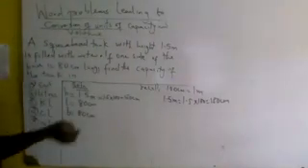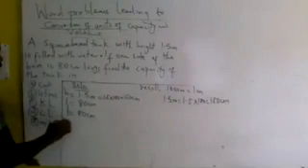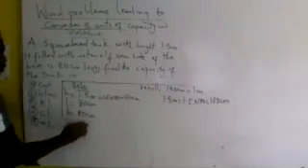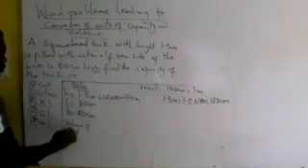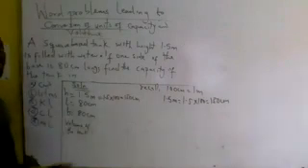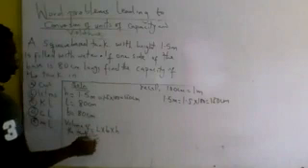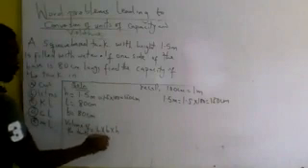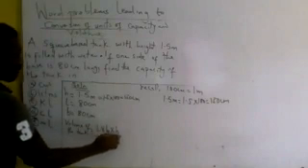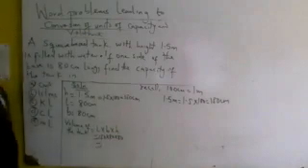So now what's the volume of the tank? The volume of the tank is going to be equal to length times breadth times height, which would be 150 multiplied by 80 multiplied by another 80. If you multiply that through, what do we get?